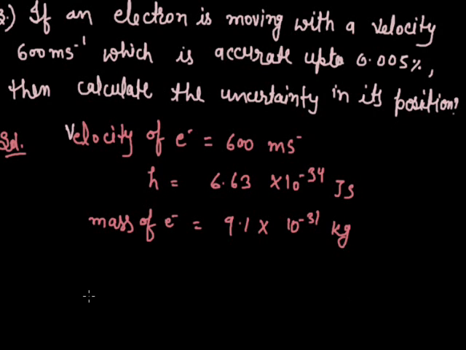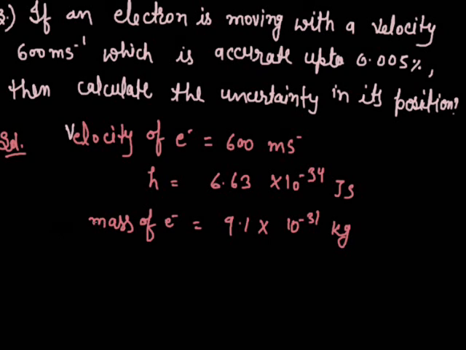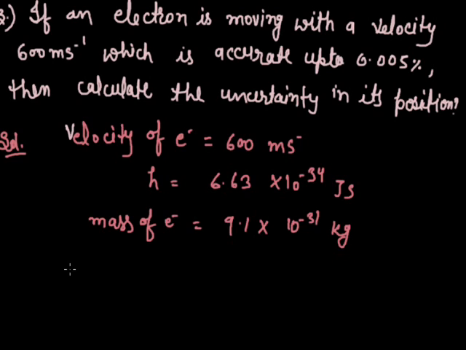But we have to find the uncertainty in velocity, which we can find out because in the question it is given that it is accurate up to 0.005%.